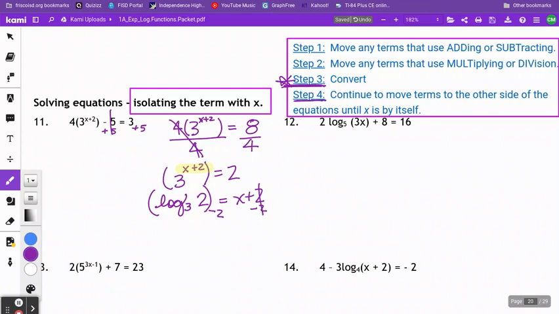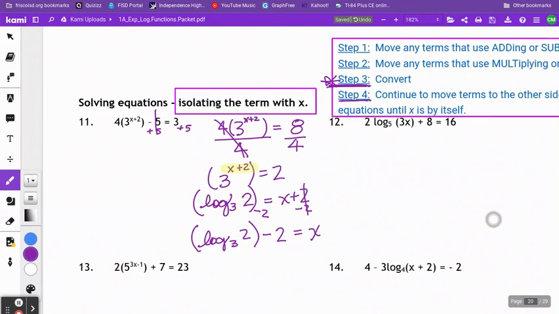So what this should look like now is log base 3 of 2 protected in its parentheses, and then subtract that 2 that I just moved from the other side. Subtract that 2, and that finally gets me to where I can go and calculate to get a decimal for x. Okay, so we're going to go to the calculator and type this in.